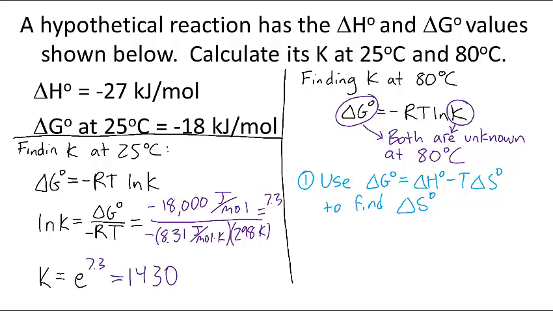Then once you have delta S naught, you can then use that same equation to find delta G naught at 80 degrees Celsius.